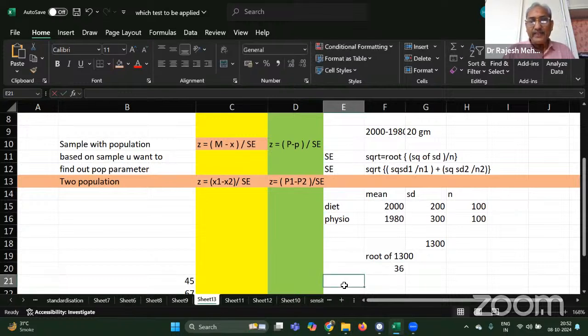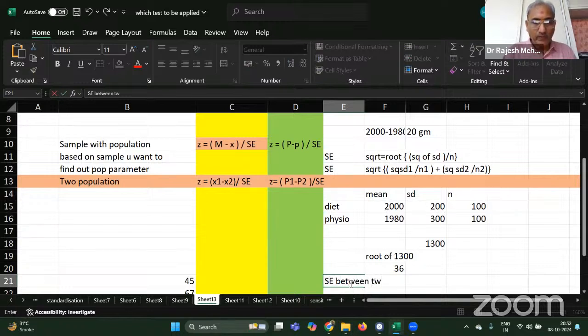So 36 is the standard error of difference between two means. So up to two standard errors, 36 into 2, 72, difference can be allowed by chance.